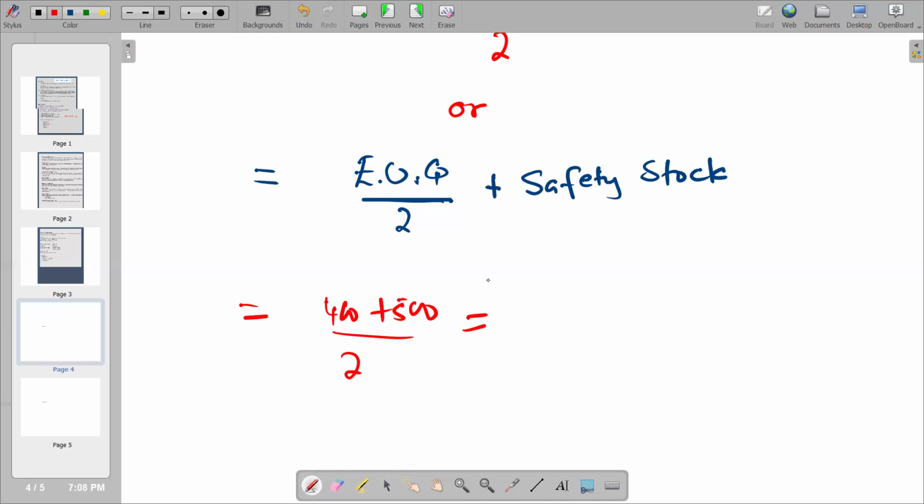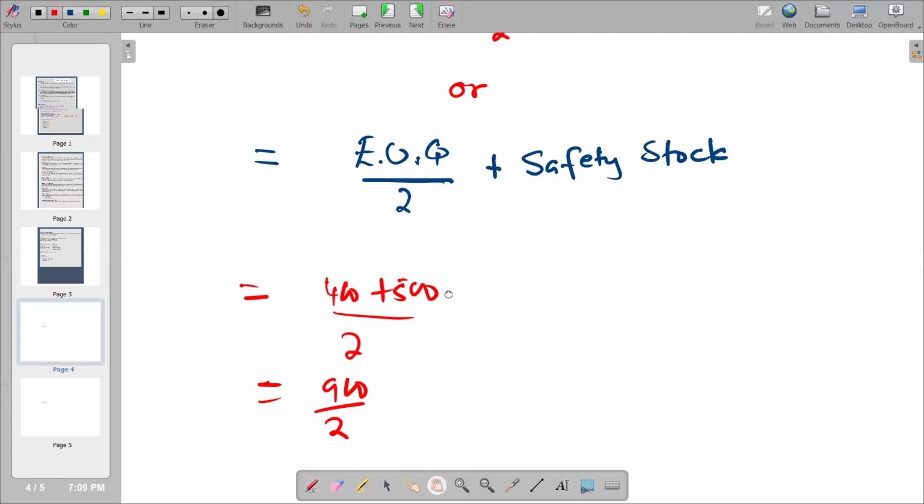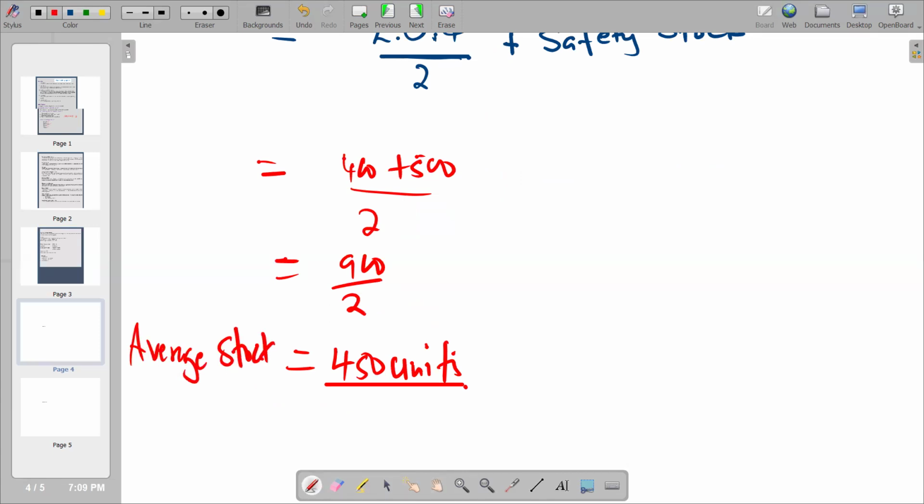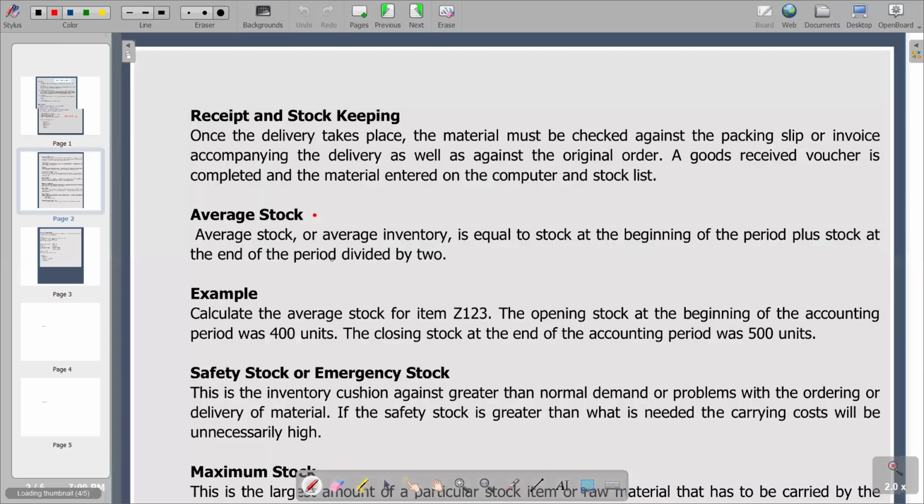The answer we get becomes the average stock. So average stock is 450 units according to the information given.